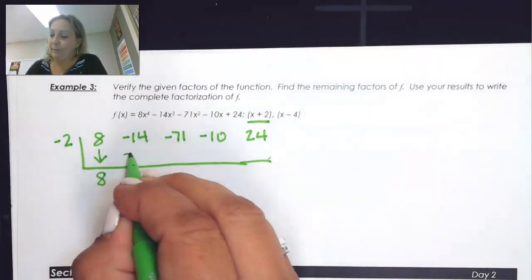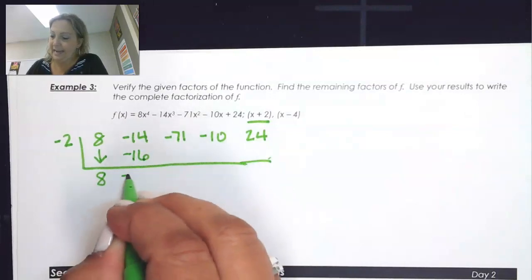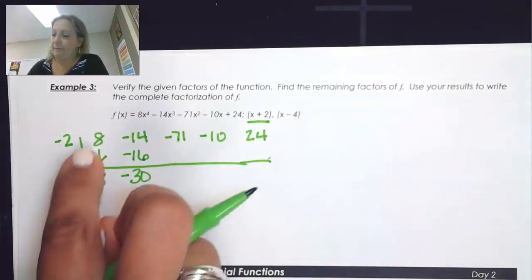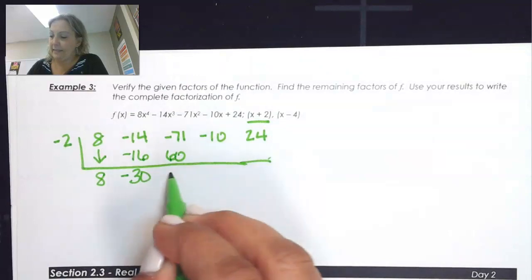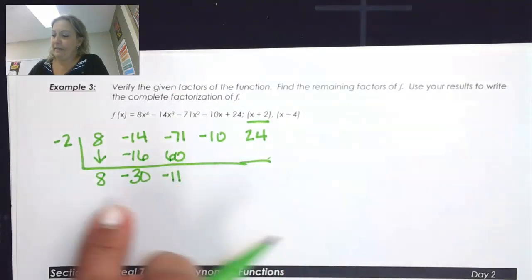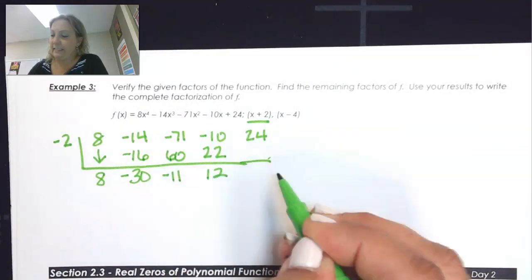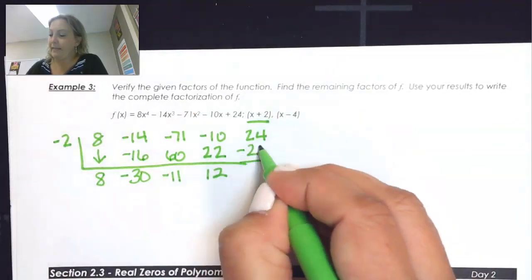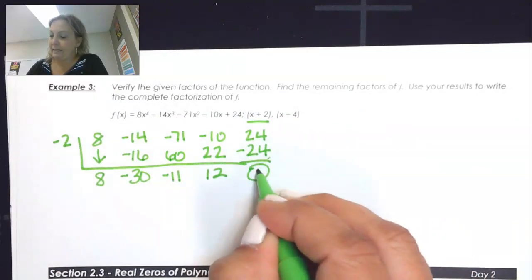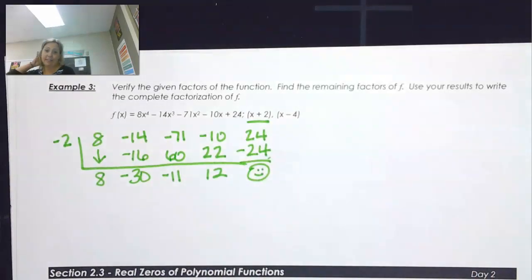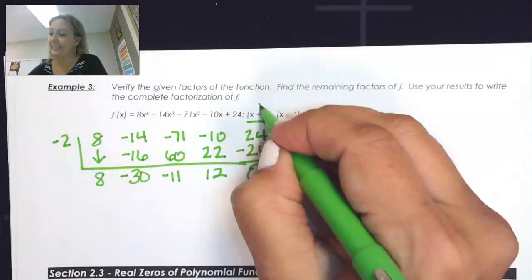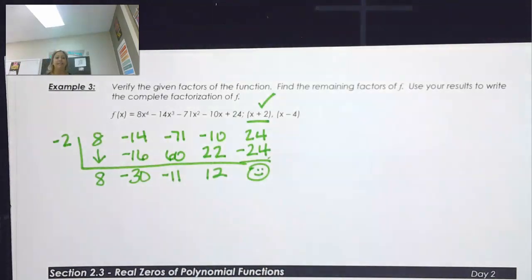We're going to multiply and add, multiply and add, multiply and add, multiply and add. And because of that, we can see that x plus 2 is verified. Okay, we have verified x plus 2 as a factor because we ended up getting 0 as that remainder.